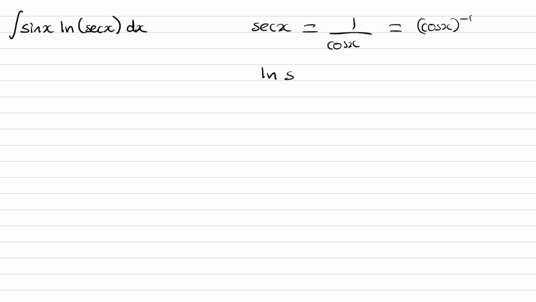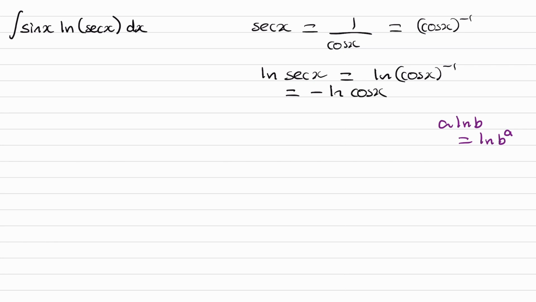The ln of sec x, which is what we have here, can be rewritten as ln of cos x to the minus 1, and then because a ln b is just equal to ln b to the power of a, we can just bring down this power, put it in front, and then this becomes minus ln cos x. So again, that's just bringing this power out in front. So the ln sec x that we have here becomes minus ln cos x.